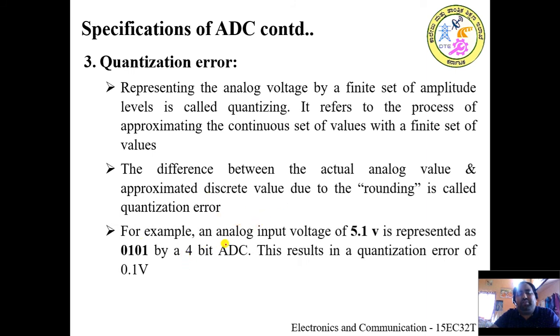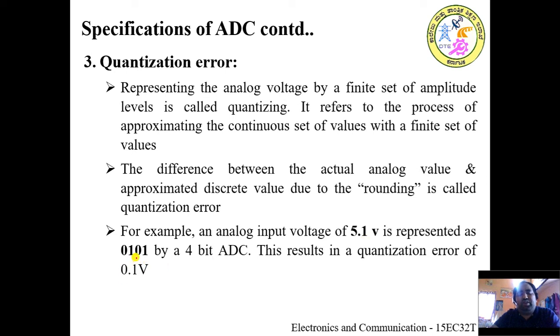For example, if the analog input voltage is 5.1 volt and it is represented with the approximate discrete value 0101 by a 4-bit ADC, then the quantization error will be the difference of 5.1 and 0101.